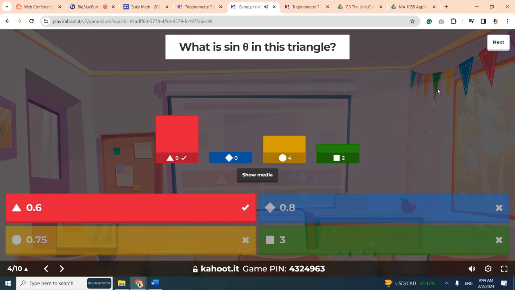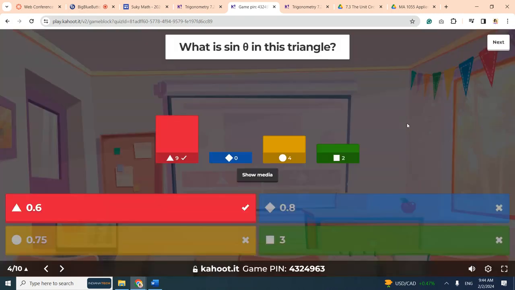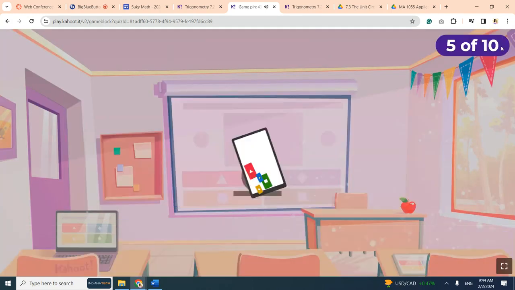Yes. So that is 3 over 5. Opposite over hypotenuse. 3 over 5 is 0.6. Yeah, it's like 6 over 10, right? Okay, good. Mike is leading.